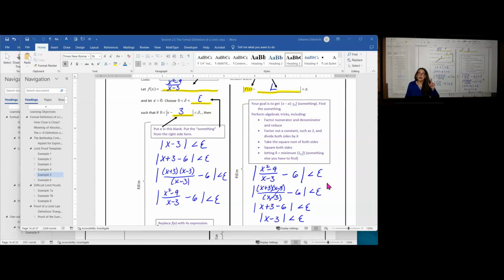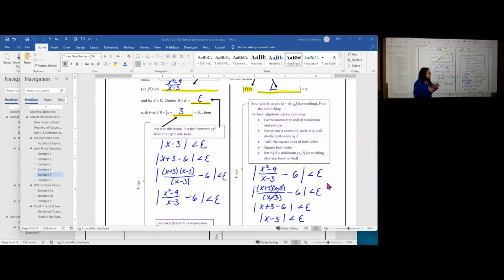Now you know that x minus 3 is a factor of x squared minus 9. What are we trying to get at the bottom? A was 3, so we're trying to get the absolute value of x minus 3 less than something. In that sense, it may seem counterintuitive to cancel the x minus 3, but you have to take into account the minus 6.